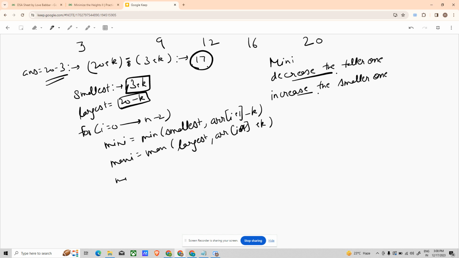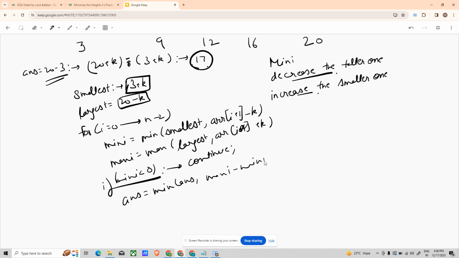Now if mini is less than 0, continue because the height cannot be negative. Else answer equals the minimum of the existing answer and maxi minus mini. And at last, after the loop terminates, return the answer.